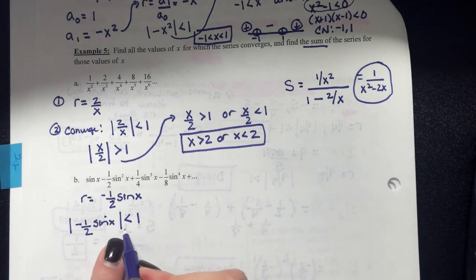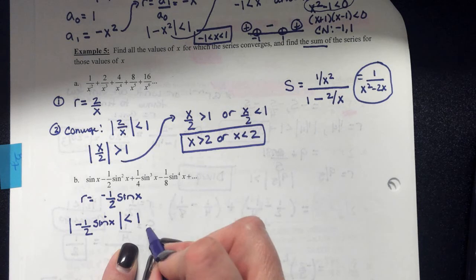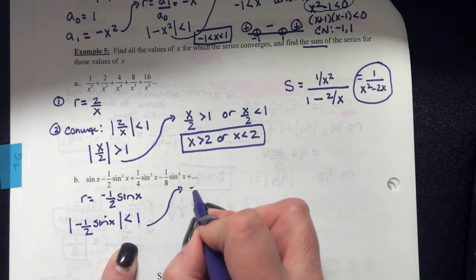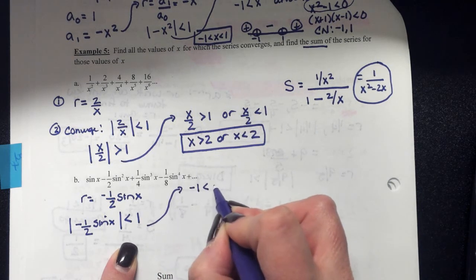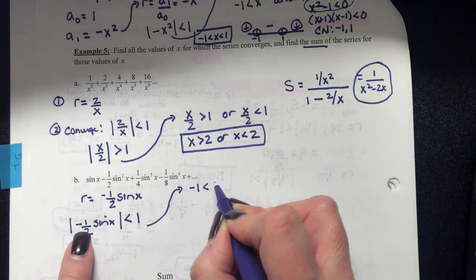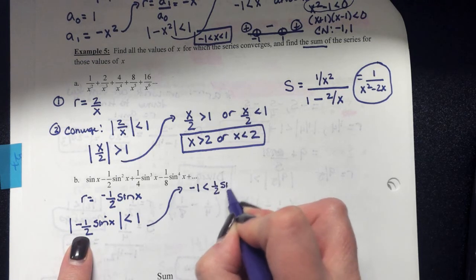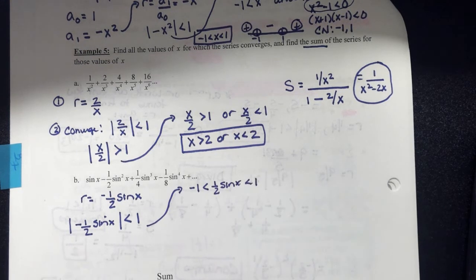Again, it's an absolute value inequality, so I can rewrite this as -1 less than the absolute value, which is going to be positive, so 1/2 sine x less than 1.